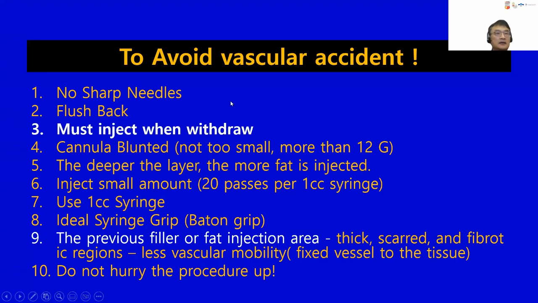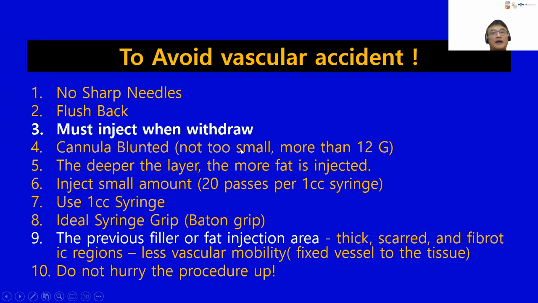Another important thing is that when we do filler or fat injection into the face, you should check the history of injections. Before the first session of filler or fat, the vessel is moving well. Naturally, the vessel is mobile and relatively free in the tissue.